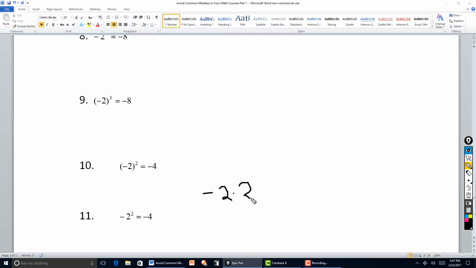So 2 times 2 is 4, and the negative makes it a negative 4. So this one is true. Number 10 is false. So it makes a difference whether you have parentheses and whether the power is even or odd, especially if you have a negative base. So be careful with those so you don't make those mistakes in your classes.